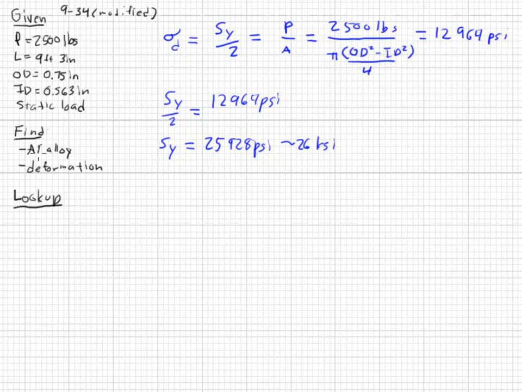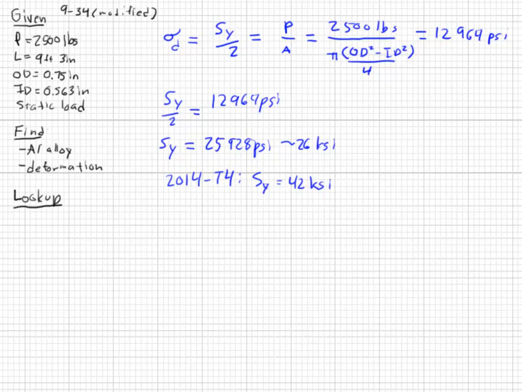Well, this alloy is supposed to be an aluminum alloy, so I'm going to choose 2014-T4, which has a yield strength of 42 KSI. This will give us a substantial factor of safety. There are several others that might be a little bit lower, many others that are higher, but 2014 T4 is not overly expensive, so I'm going to stick with that.